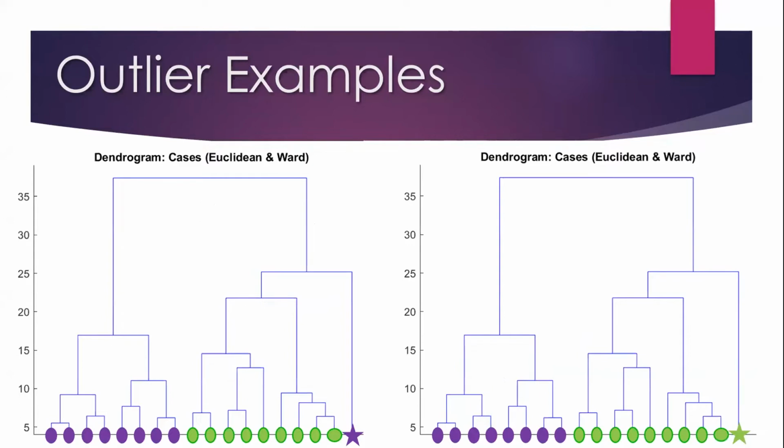Here's an example where you can clearly see the purple star is completely removed from both groups. So there's something definitely going on there, and I would not hesitate to remove the purple star. But in the figure on the right, you can see that the green star is different, but not so different from its originating group.